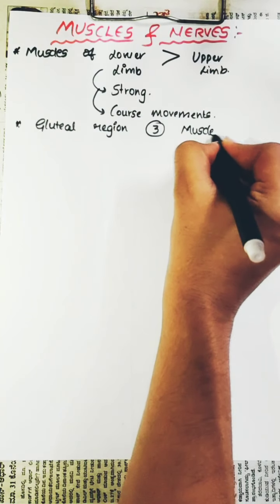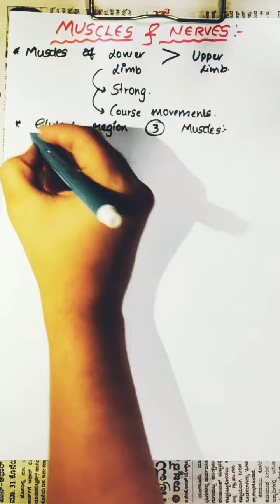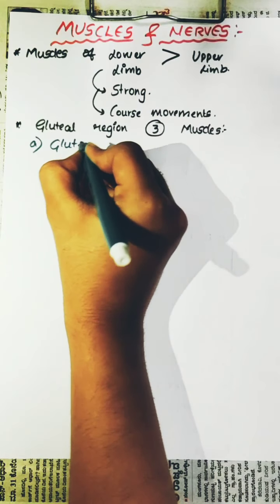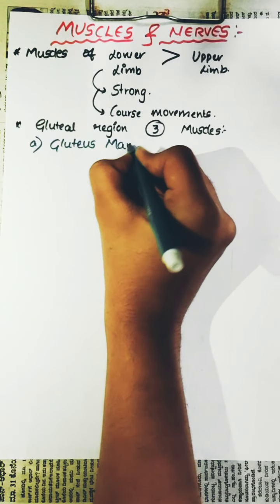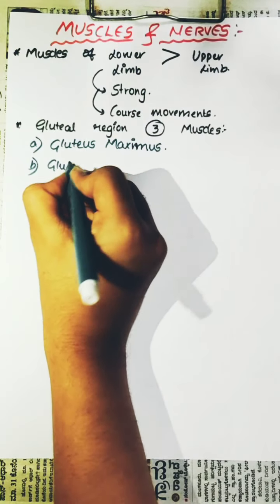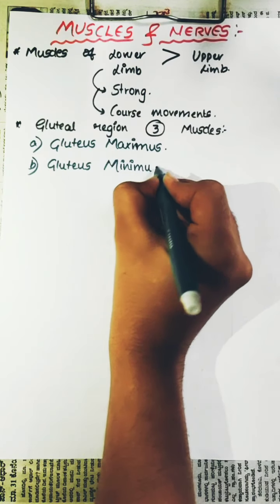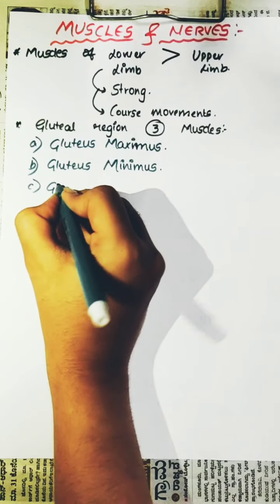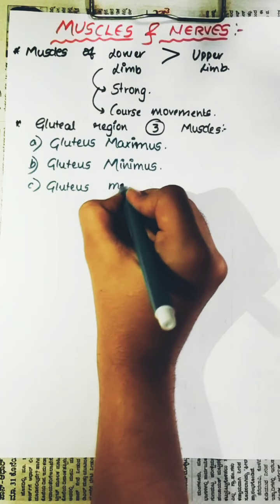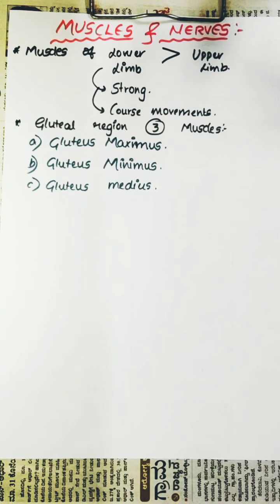Those 3 muscles are namely: the first one is the gluteus maximus muscle, the second one is the gluteus minimus muscle, and the third one is the gluteus medius muscle. Gluteus maximus, gluteus minimus, and gluteus medius.